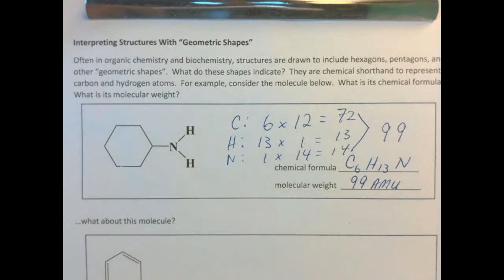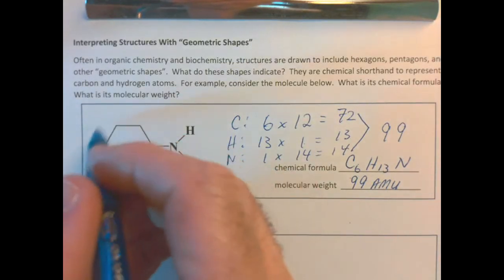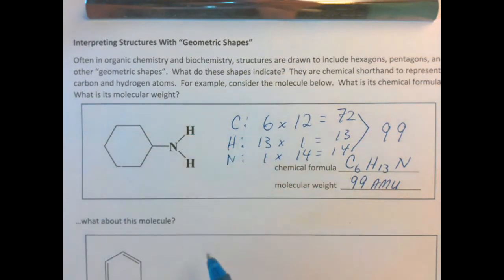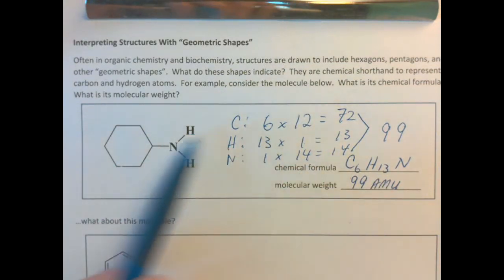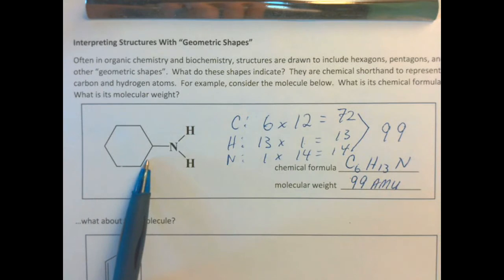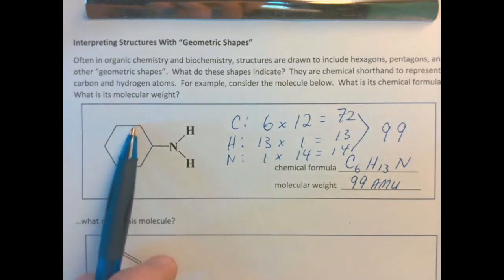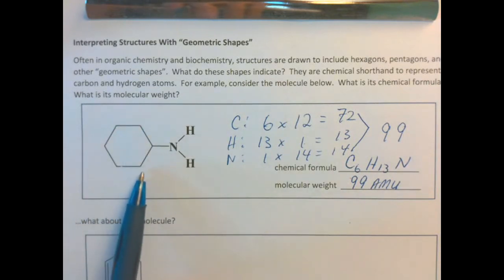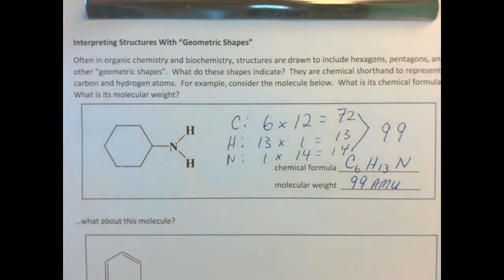But for now, I recommend going ahead and drawing the hydrogens in there and the carbons in there and adding it up. If you had a problem like this on a quiz, let's say, where it says, what's the chemical formula of that? What's the molecular weight? And you will have problems like that. No big surprise there. Go ahead and take a piece of scrap paper and draw them out instead of trying to do it in your head. It's just less likely that you'll make an error.